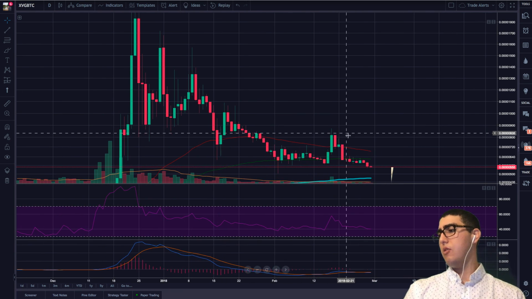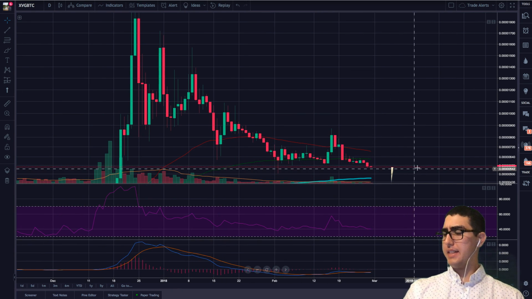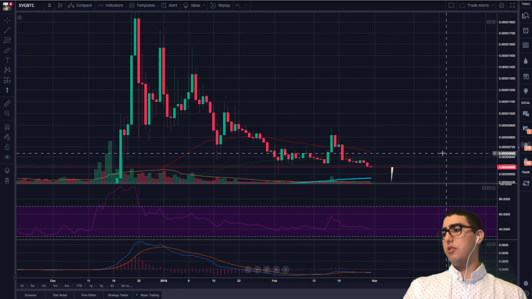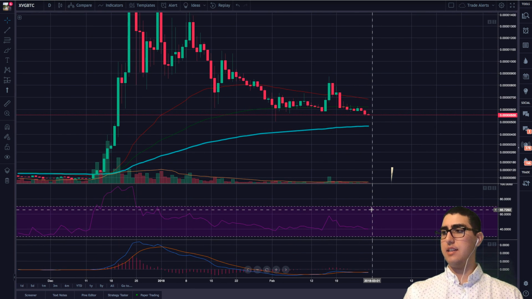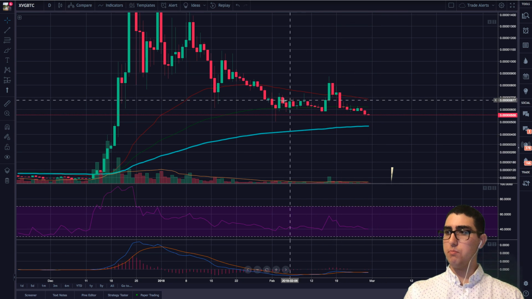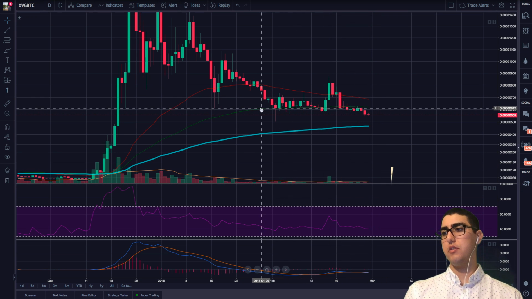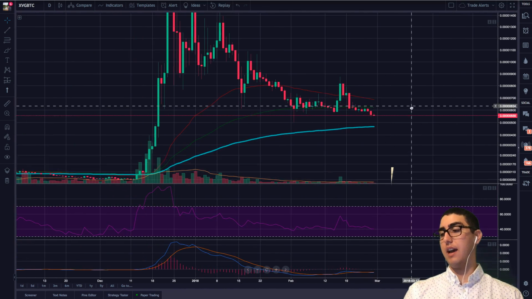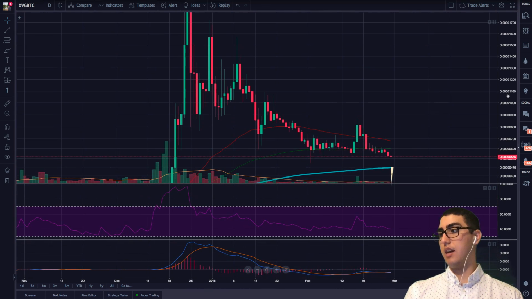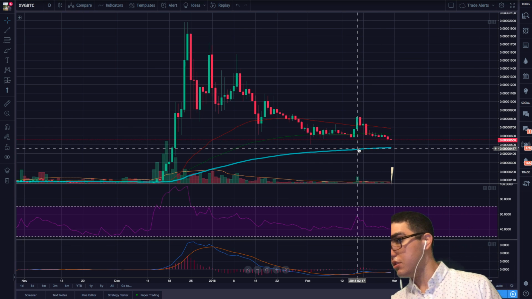So looking at this, at this point, I would take a little bit of caution. On the 1 day chart, RSI doesn't look too oversold yet. We're going below the 100 day. Now, really the next true support would be that 200 day moving average, which those price levels in Satoshi is right around 480 Satoshis.